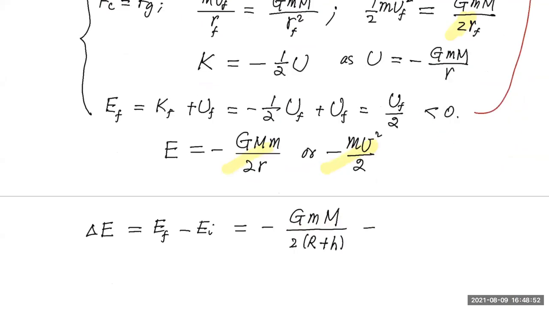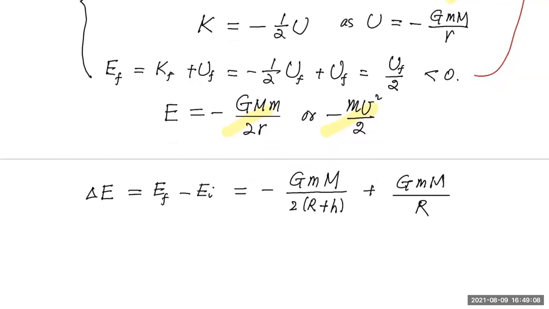So overall, you have a positive sign, GMm over R. Okay, so you have a negative term and a positive term, but the positive term has greater magnitude, obviously, because it's got a smaller denominator.